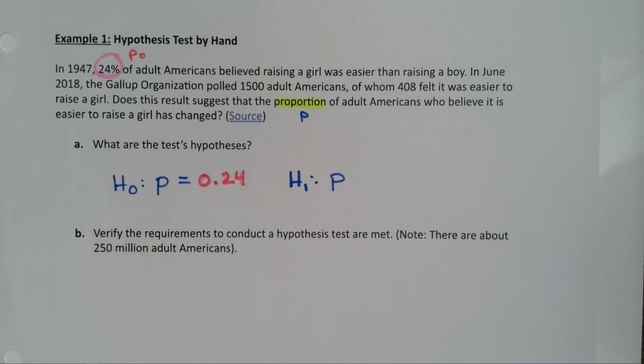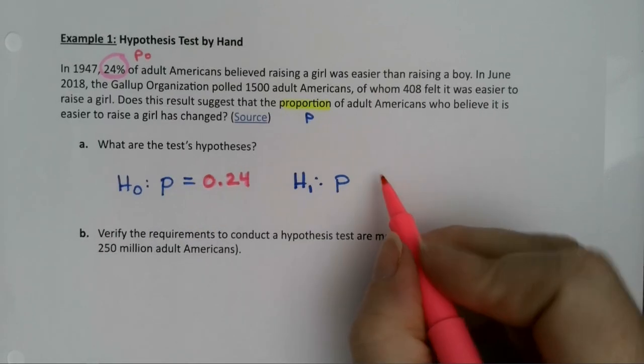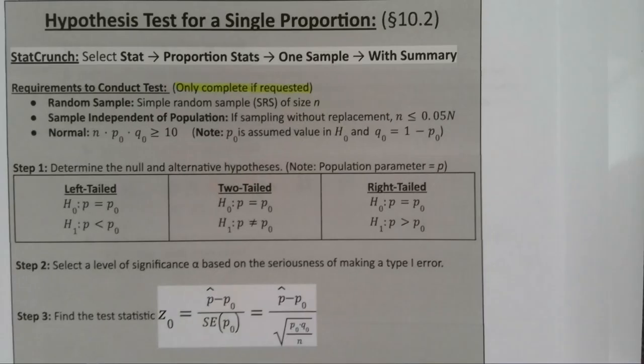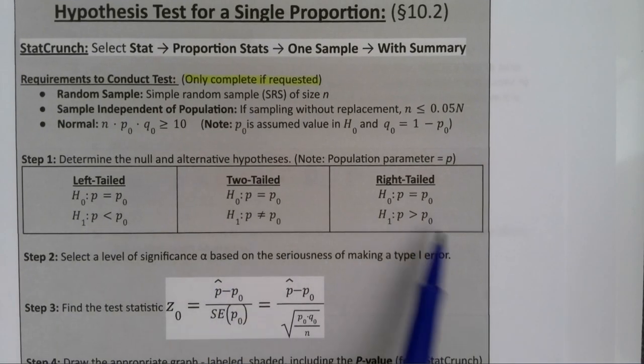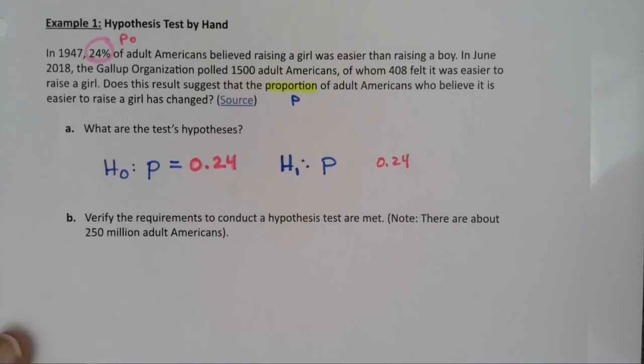All right, now we just have to figure out what direction we think we're going, because once you know that one's 0.24, then this one's 0.24. It's always the same number for both. It's just a question of what symbol will we use. Is it left-tailed? Is it two-tailed? Or is it right-tailed? All right, so you want to look for a key word in here.